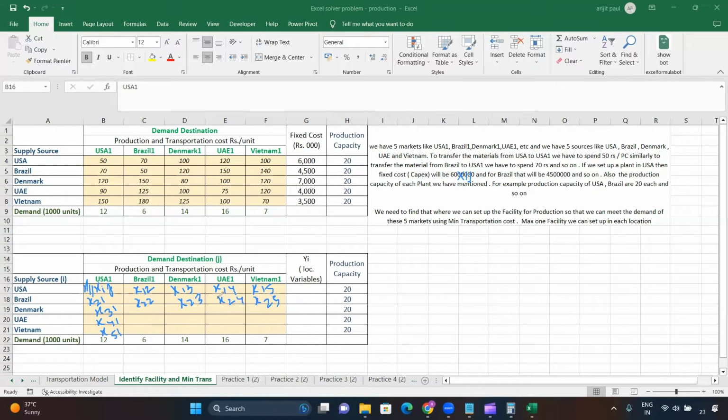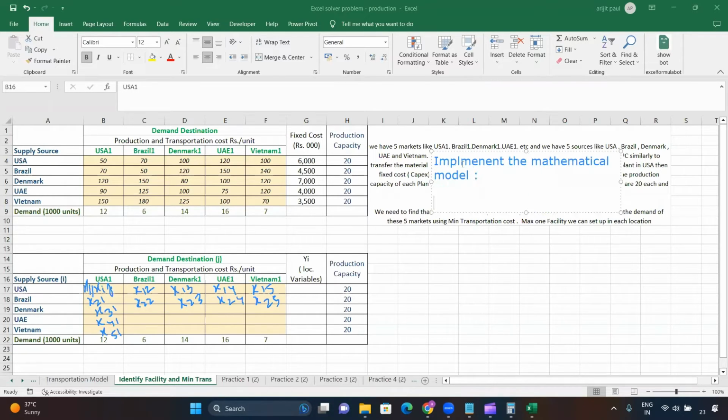So now, to implement the mathematical model, let's first of all implement the demand constraint.